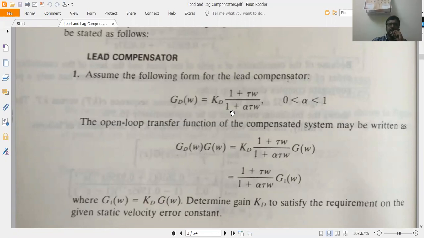Let us suppose the product of KD and G of omega is called G1 of omega.